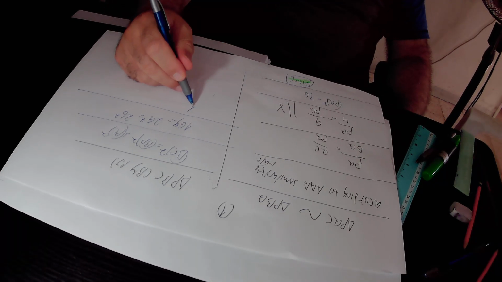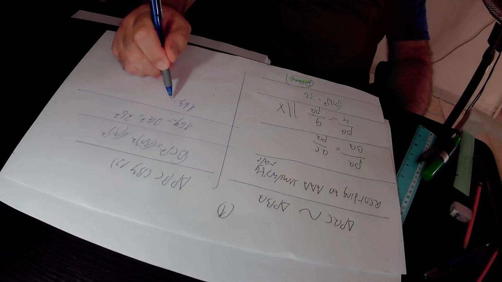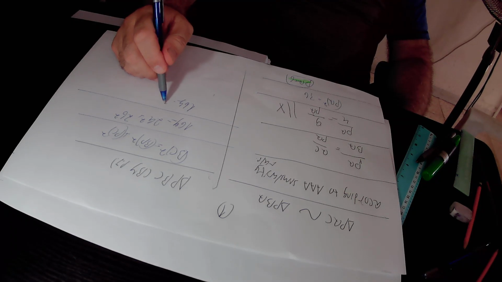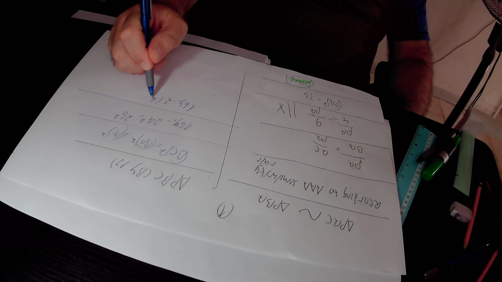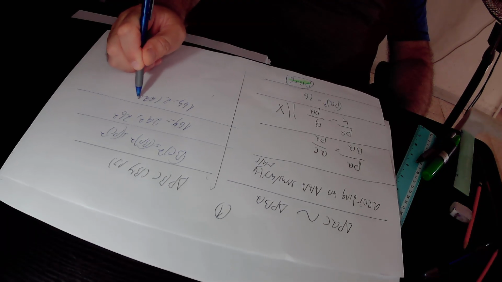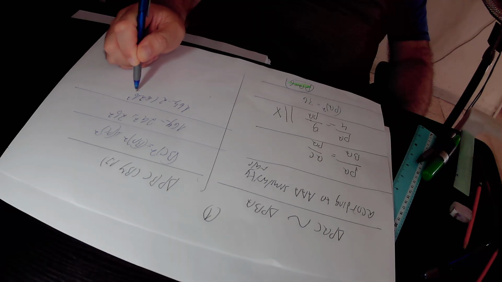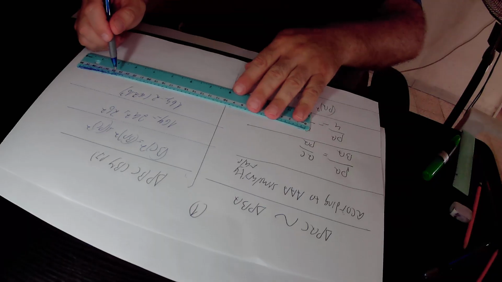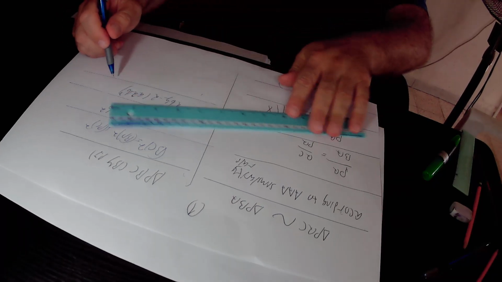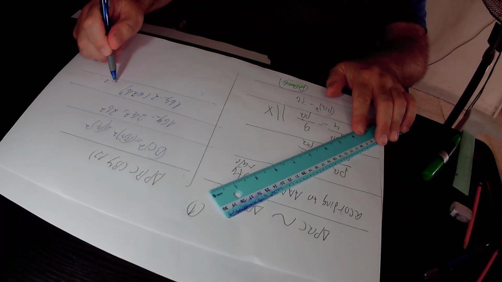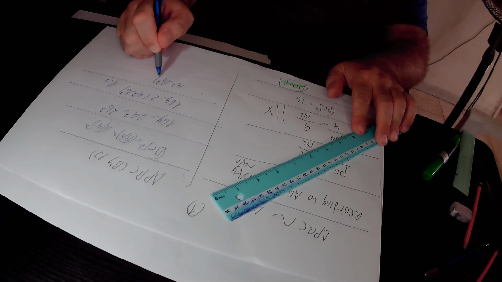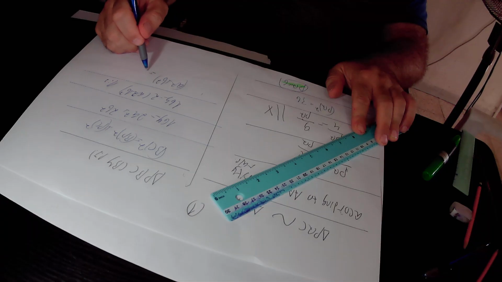So 169 is equal to, we take out 2 as a common factor from those two expressions, so inside the brackets we have A square plus B square. So 169 equals 2 times (A square plus B square). Here we divide this equation by 2 and finally get that A square plus B square equals 169 over 2.